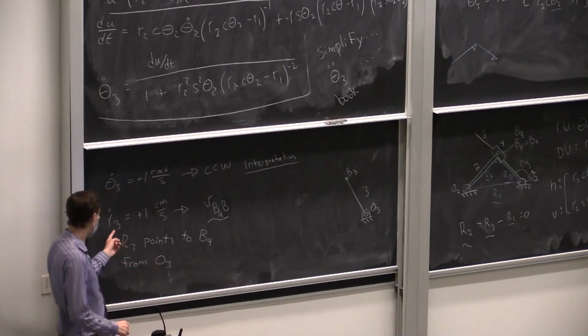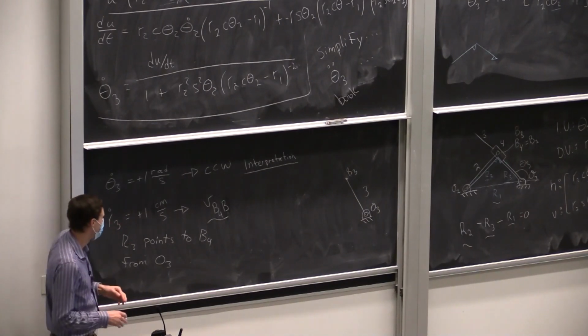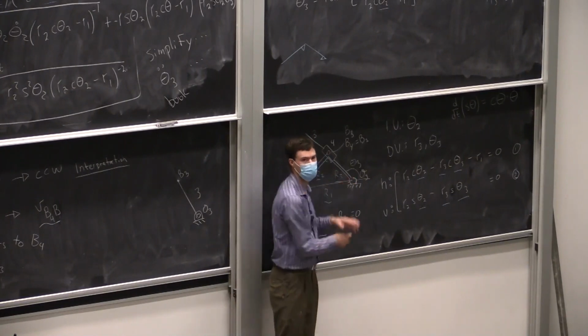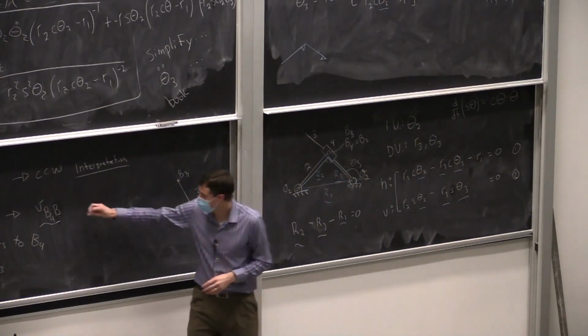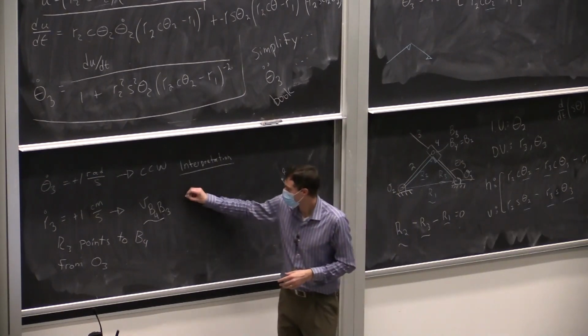R3 as a lowercase is just the distance between the base pivot and B4. That's what we need to interpret these.